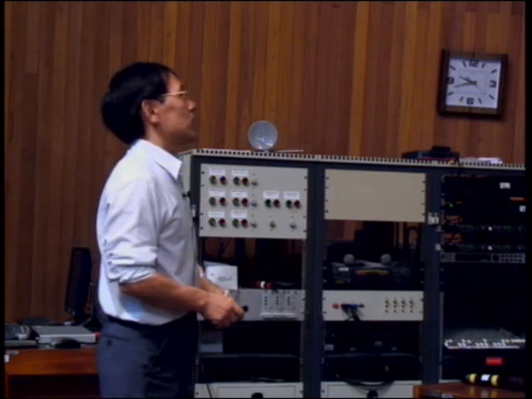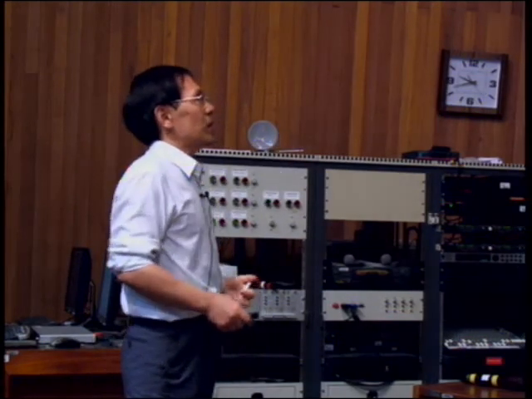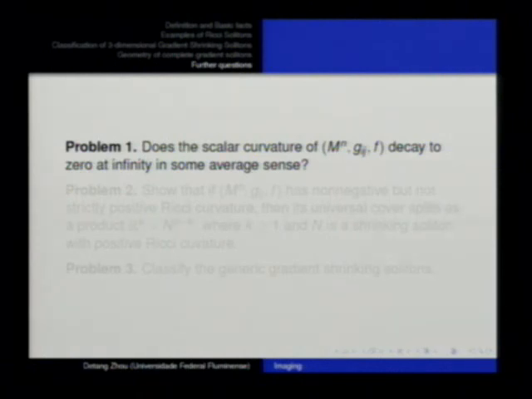So I will talk a little bit about the further questions. The first question is, we have a point-wise scalar curvature estimate. Actually, we also can estimate the average of the scalar curvature.